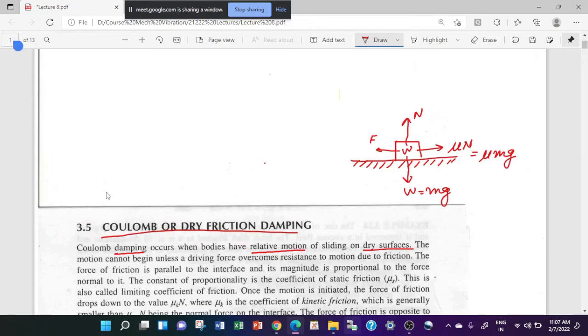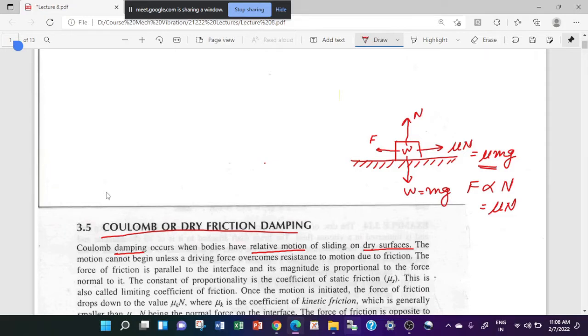So in the initial period, F will try to overcome this frictional force, and at the point when the body starts moving, it is known as the limiting condition of friction. This F is basically a friction force, and it is proportional to the normal force, normal to the surface, or mu into N, and this force acts parallel to the surface.